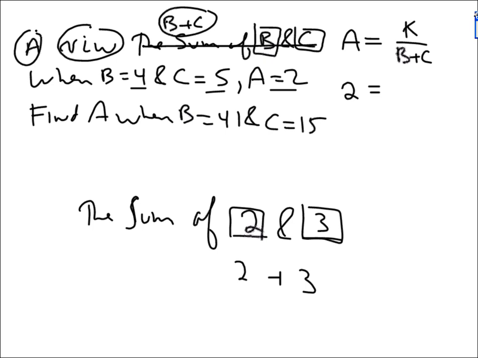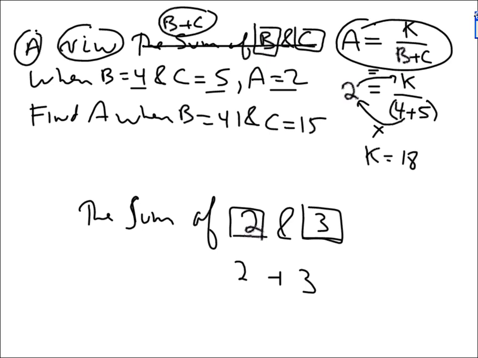So 2 is equal to K over 4 plus 5, which is 9. 9 times 2, 18, equals K. K is 18.